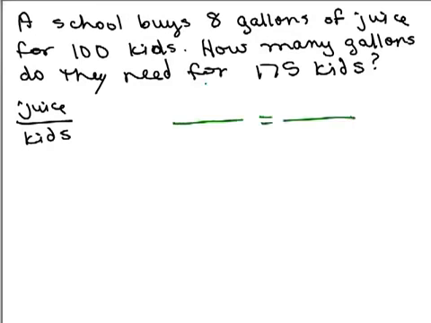So I use 8 gallons for 100 kids, right? How many gallons are needed for 175 kids? So I don't know. I'm going to put x for that's what I don't know. All right, so there you go. That's one way of writing your proportion.